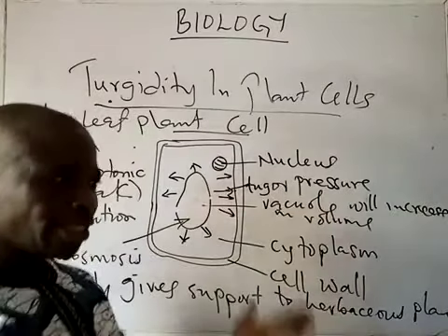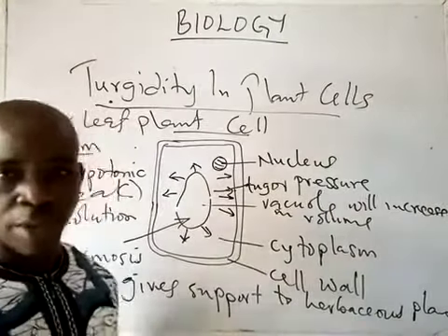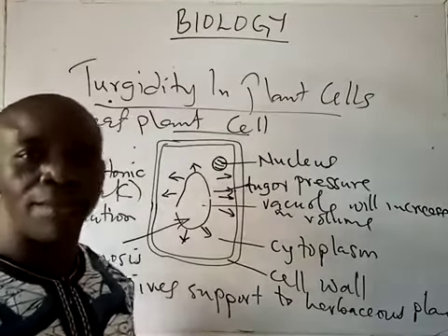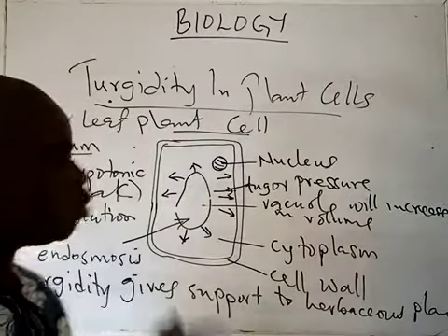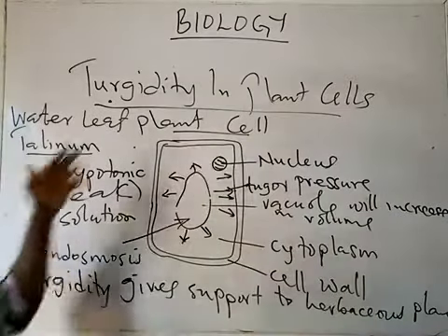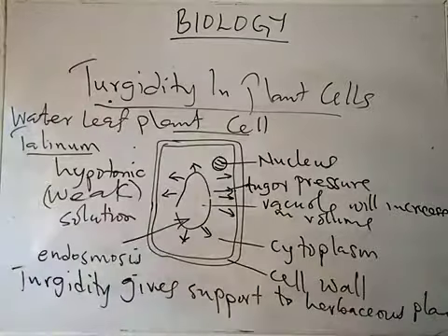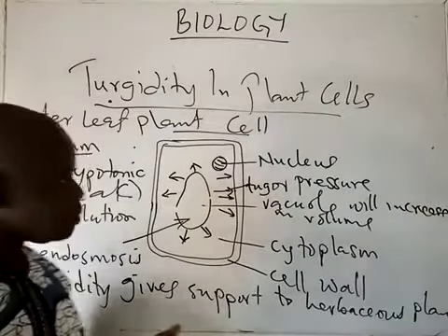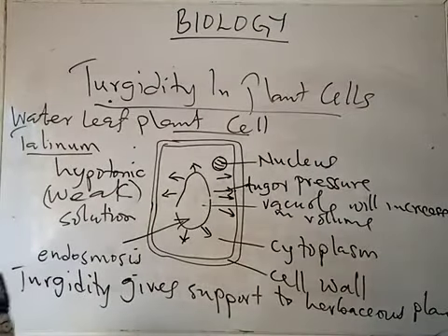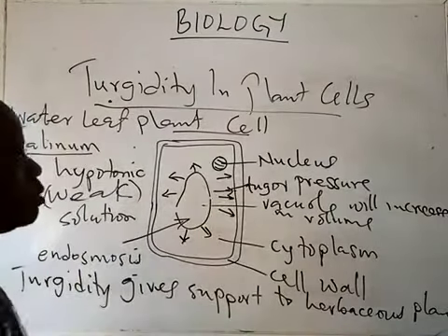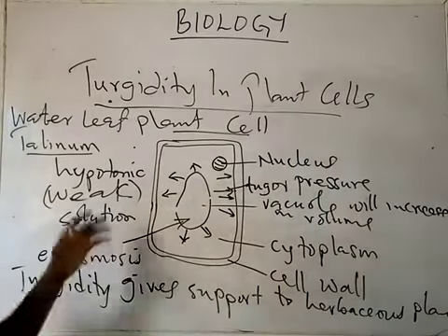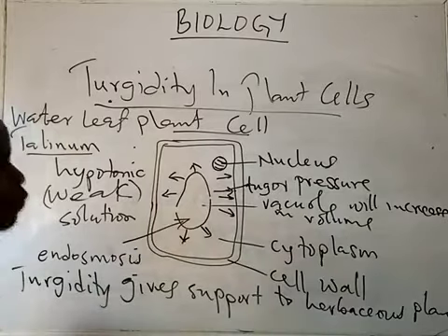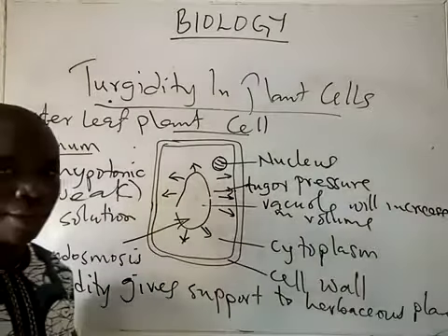But you see them, they still stand erect. What makes them able to stand erect is the turgor pressure that is being developed from time to time in their cells. So generally, for plant cells, endosmosis, which leads to turgidity, is very, very beneficial. So as we have done now, we have seen an overview of what plasmolysis is and the effect of turgidity in plant cells.